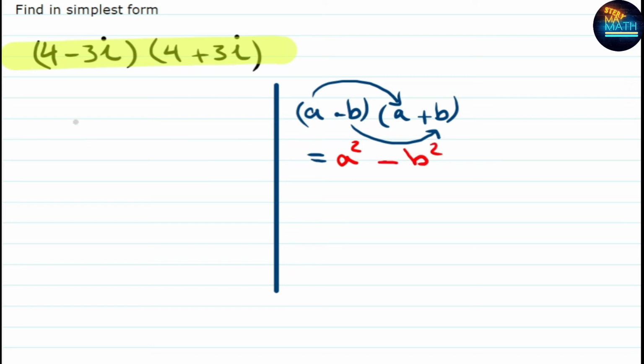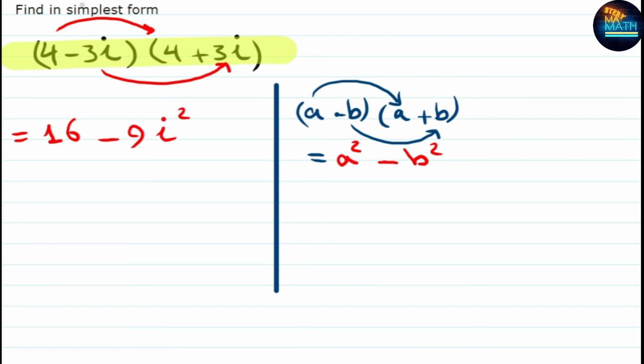So here you have the same terms, 4 and 4, 3i and 3i, but one parenthesis has negative and the other has positive. So just multiply the first term by the first term. 4 times 4 is 16. And negative 3i times positive 3i is negative 9i squared.